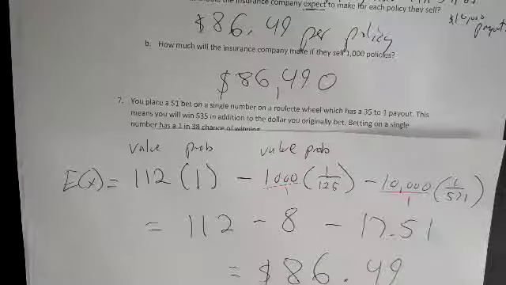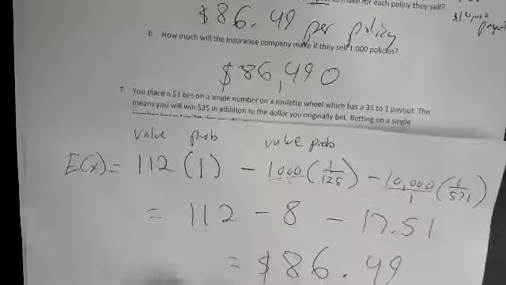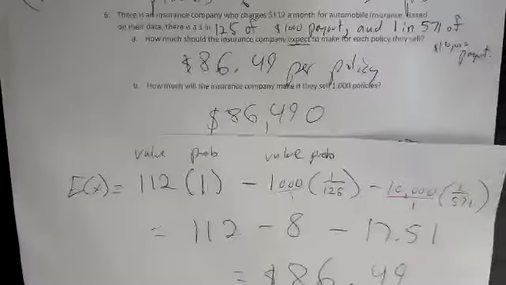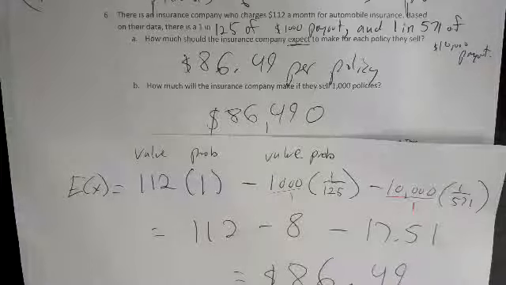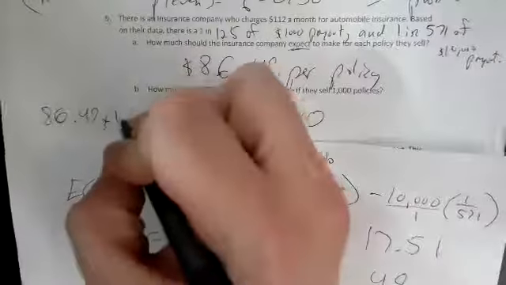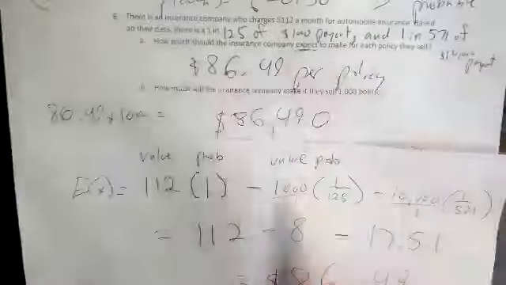So 86,000. Yeah, that's right. 86,000. And just so we have it here, times 1,000 is going to give you that, right?